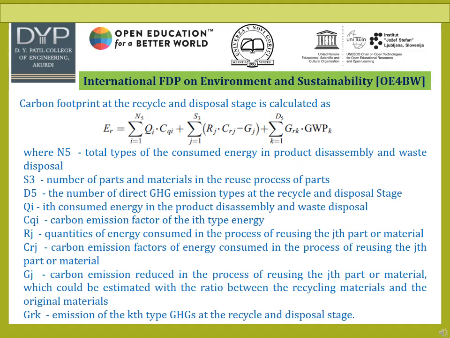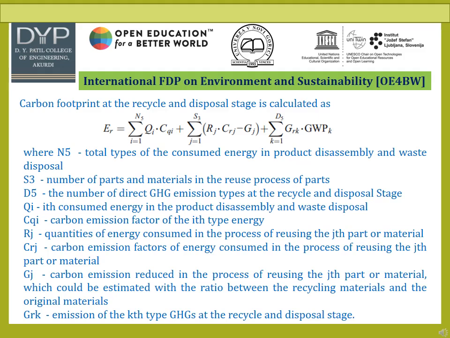S3 represents number of parts and materials in the reuse process of parts. D5 represents the number of direct greenhouse gas emission types at the recycle and disposal stage. Qi represents ith consumed energy in the product disassembly and waste disposal.